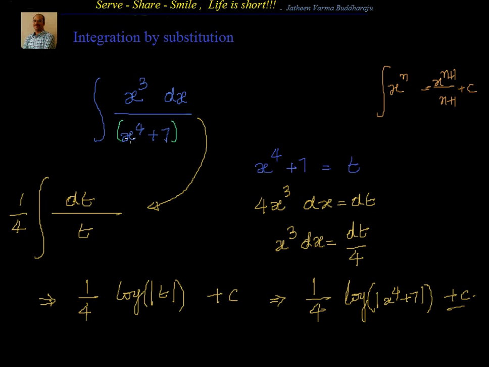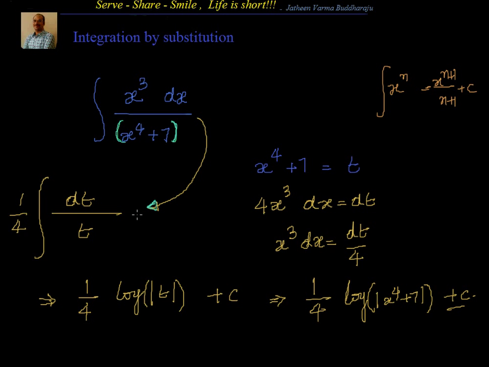What we do as part of that is we have to choose a part of the given function as another variable in such a way that the derivative of the given function will be nullified and the given problem is transformed into a known simple integral.